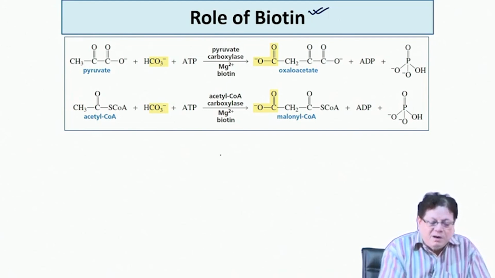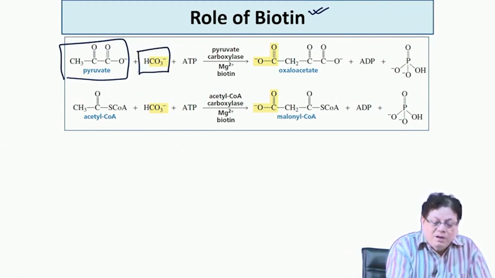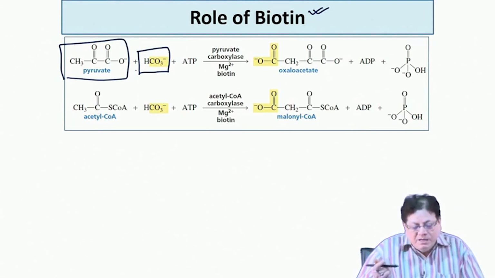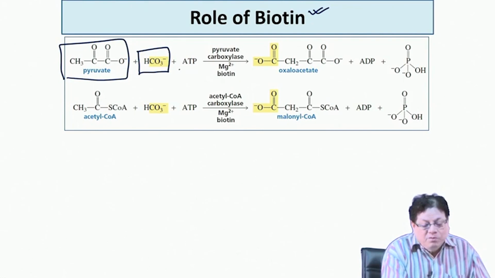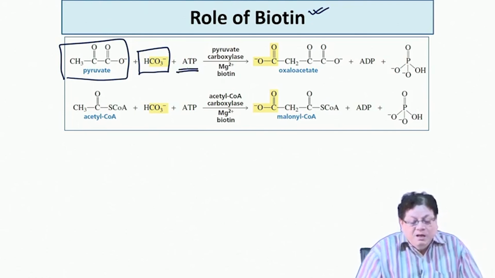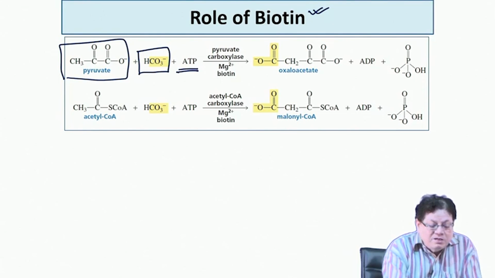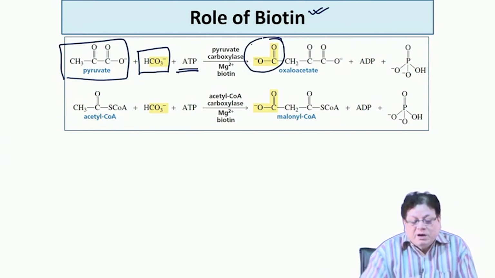Biotin participates in reactions like this. Take pyruvate; the source of carboxylation is carbon dioxide, in the form of bicarbonate in the case of biotin, and in presence of ATP one hydrogen of the CH3 is replaced by CO2, because that is carboxylation.